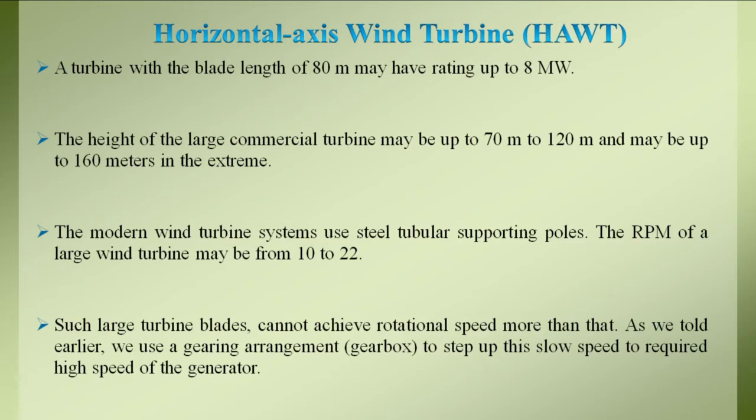Basically, in most commercial turbines, it has been observed that the rotation speed, that is the RPM, revolutions per minute, varies from 10 to 22 revolutions per minute. Such large turbine blades cannot achieve a rotational speed more than that, because if the rotor is rotating at a very high speed, mechanical stresses occur on the drive shaft.